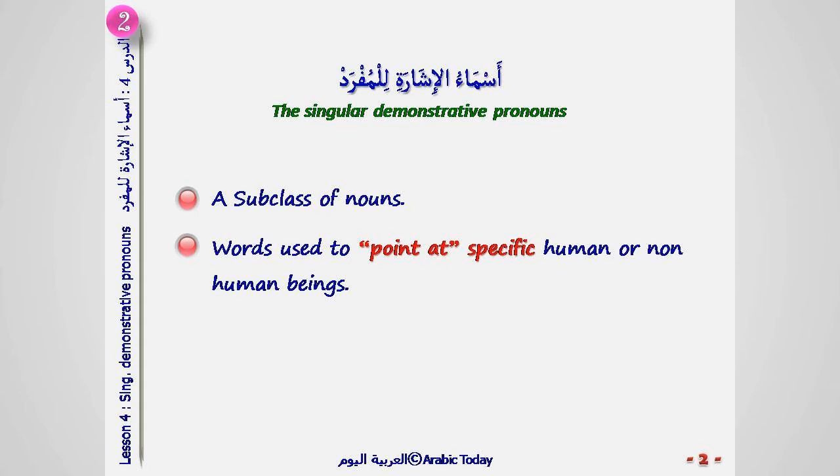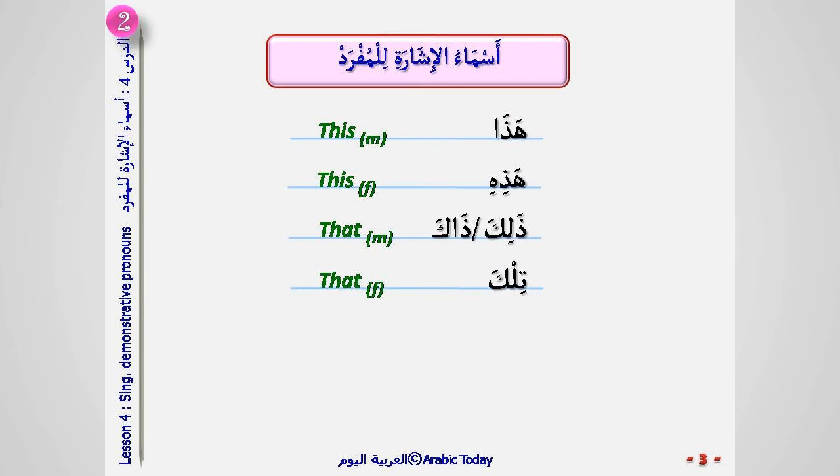أسماء الإشارة للمفرد are a subclass of nouns. They are words used to point at specific human or non-human beings. أسماء الإشارة للمفرد are هذا, هذه, ذلك or ذاك, تلك.